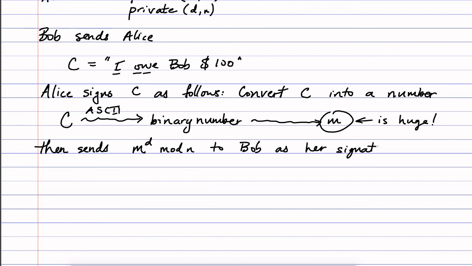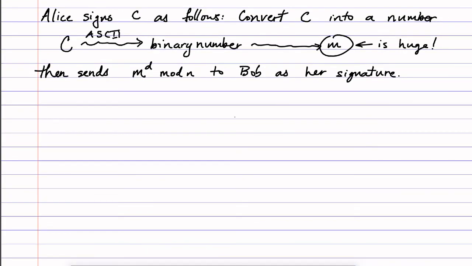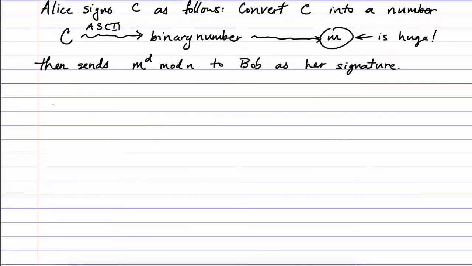Now, how does this number that she sends to Bob prove that she signed the contract? So let's say that Alice isn't making good on her debt, and Bob has to prove to the authorities that Alice signed that contract. So Bob proves Alice signed as follows.